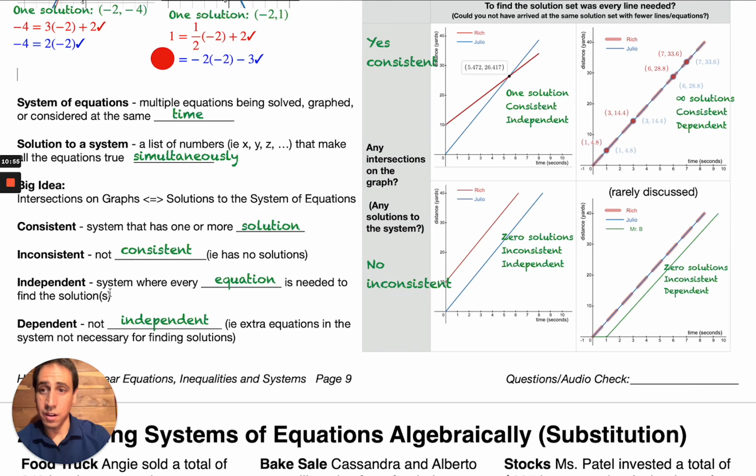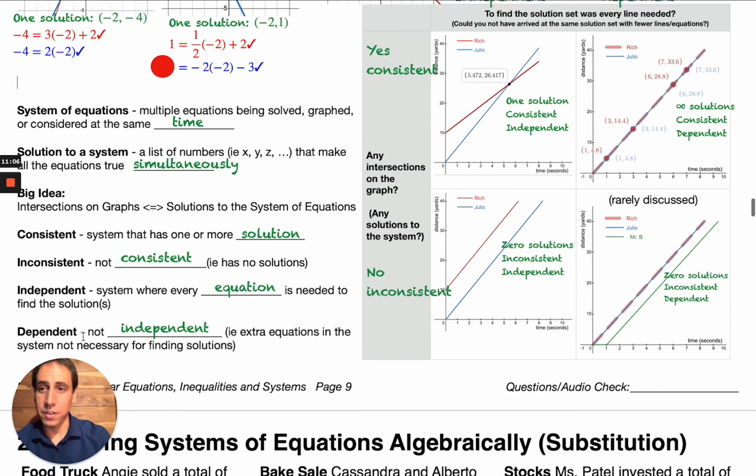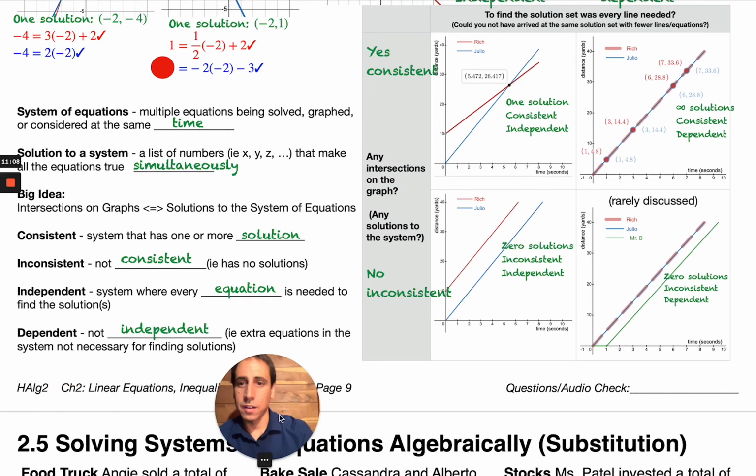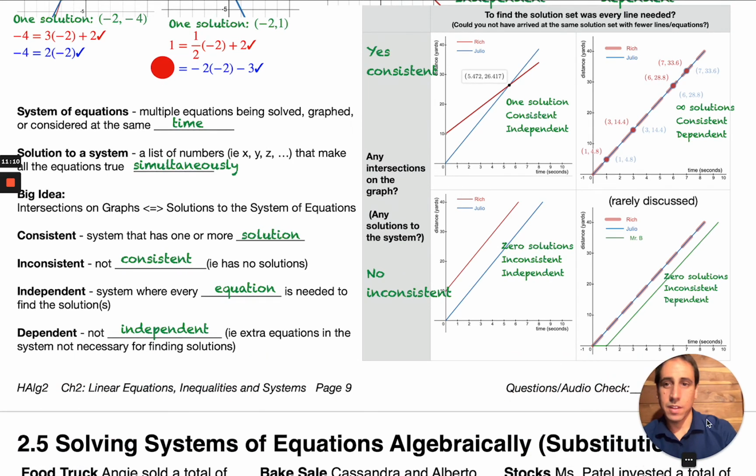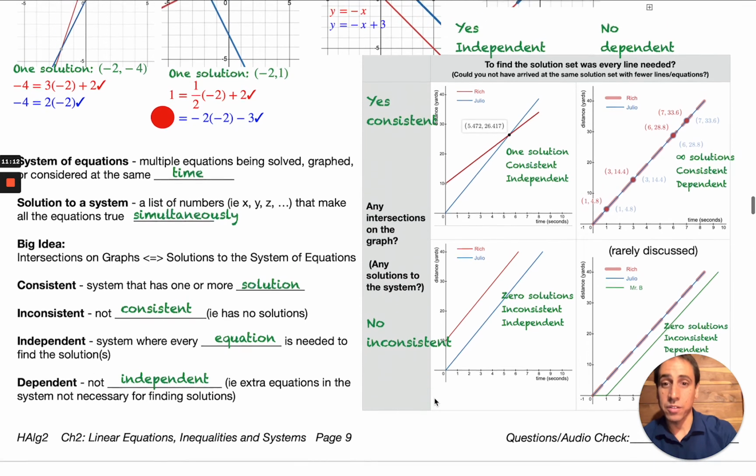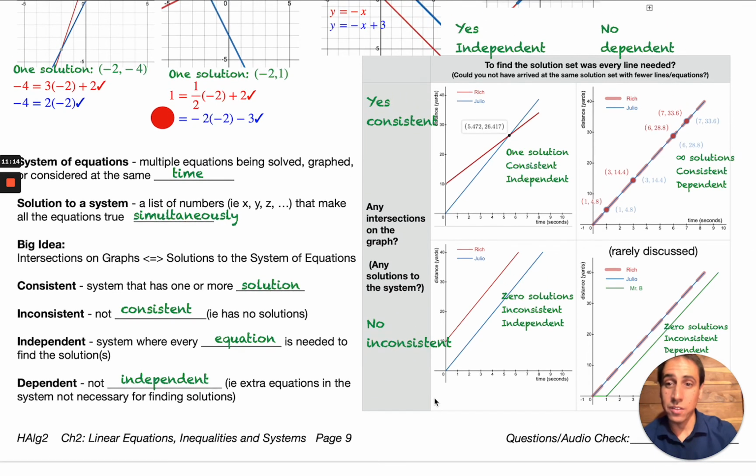And here, if you get a yes, that means it's independent. It's a system where every equation is needed to find the solution set. Dependent, which is the opposite. It's not independent. That is, extra equations in the system are not necessary for finding the solutions or the solution set.